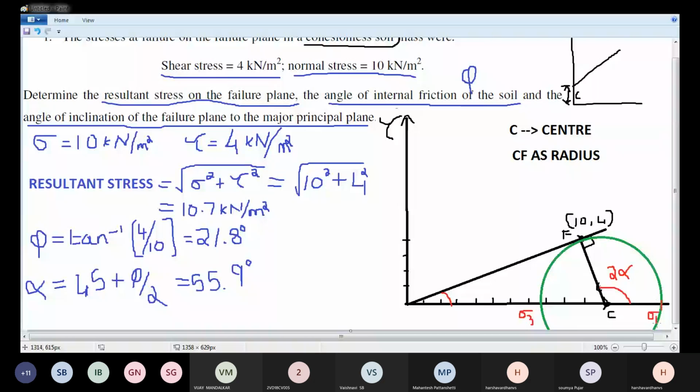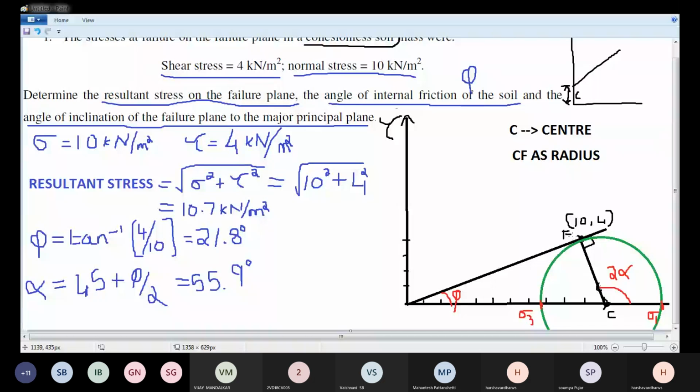If you draw the Mohr envelope and Mohr circle, you can calculate the angle of internal friction phi. You can also calculate the failure angle, the minor principal stress sigma 3 and the major principal stress sigma 1. So this is the graphical solution.